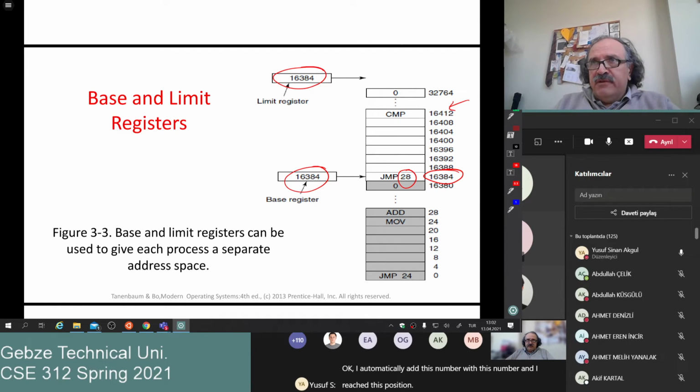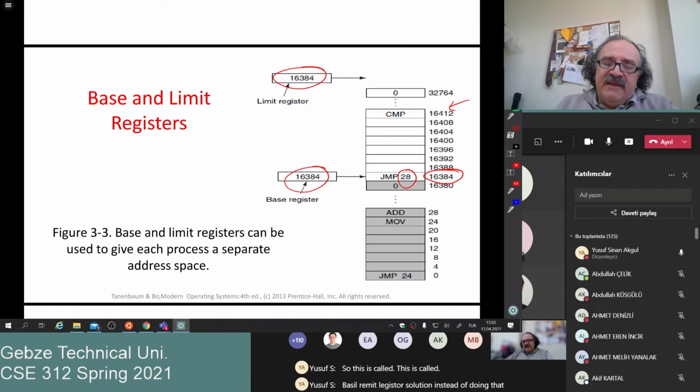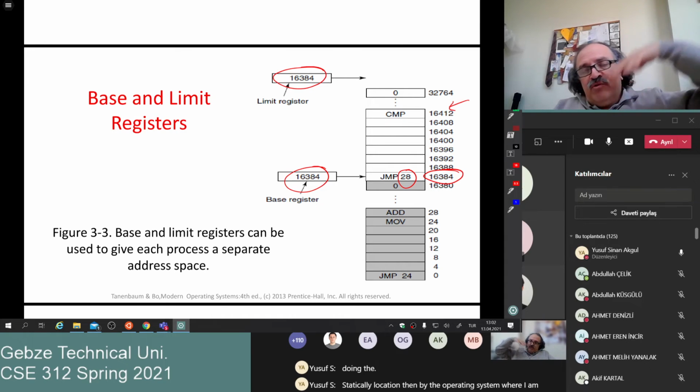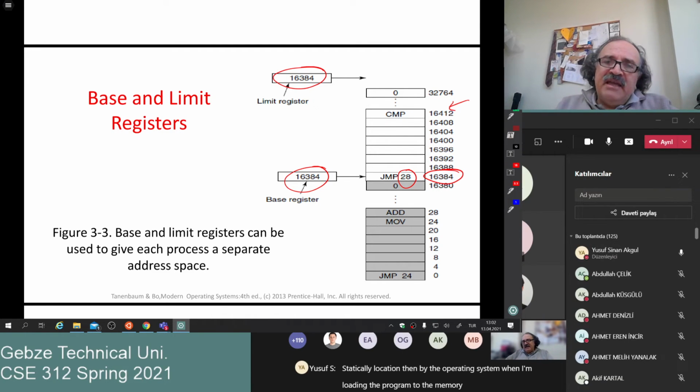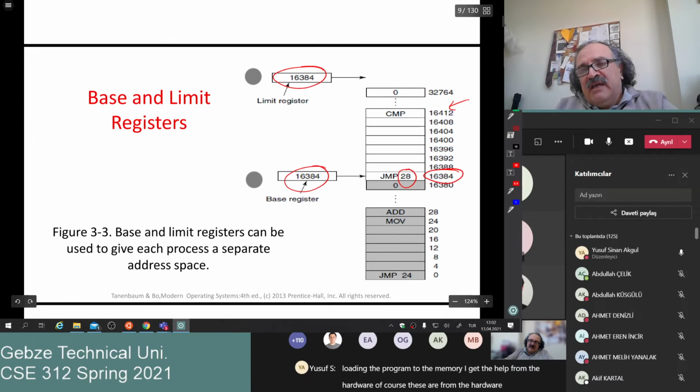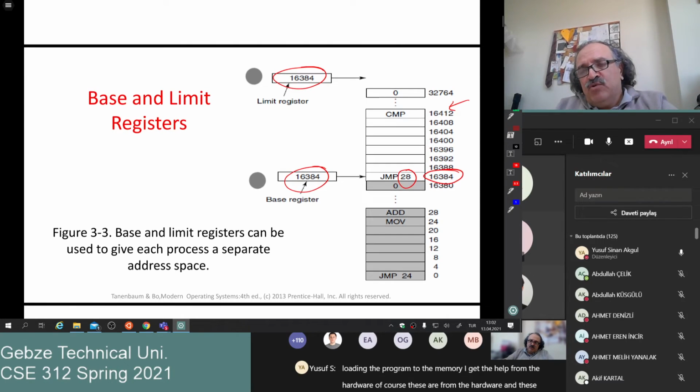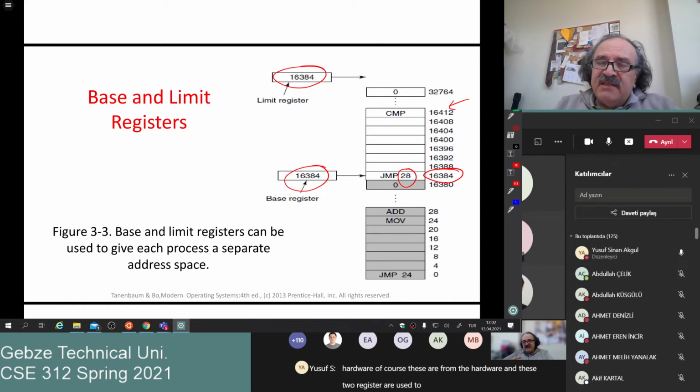So this is called the base and limit register solution. Instead of doing static relocation by the operating system when I am loading the program to the memory, I get help from the hardware. These two registers are used to find the physical memory address for our programs.